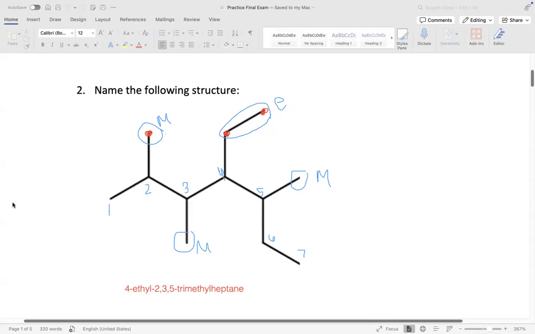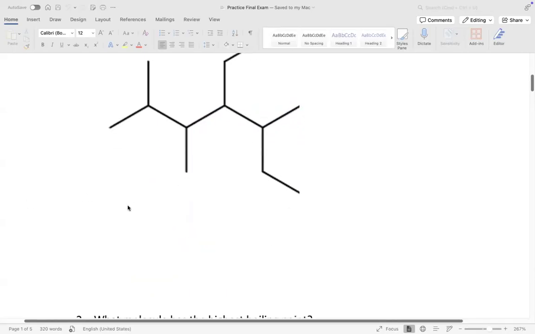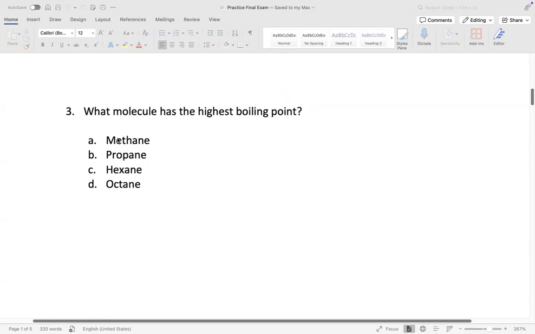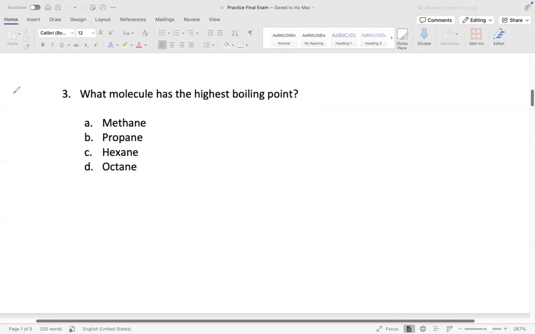All right. We'll move down here. Oh, why isn't it scrolling? All right. So which molecule has the highest boiling point? Here we talked about boiling points and we made a graph, and that graph is on your reference sheet. So I finally compiled a reference sheet.